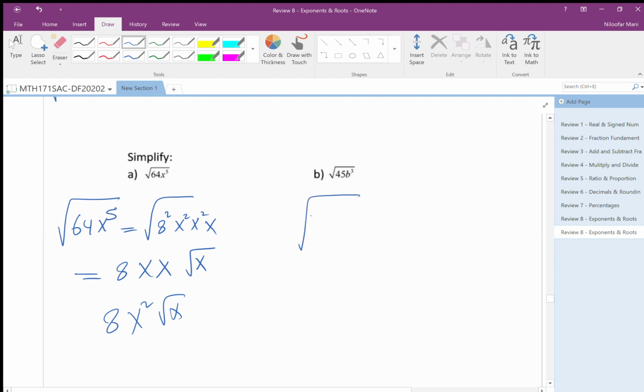How about that? It's 45b cubed, which is 3 squared times 5 times b squared times b. Which one comes out? This one and this one. So it is 3b radical 5b.